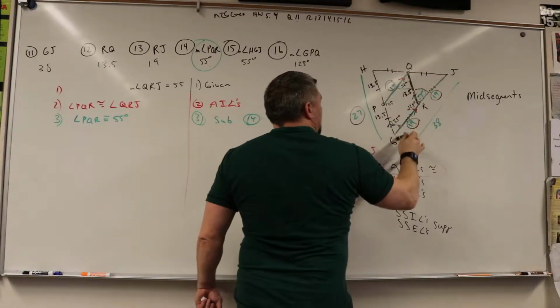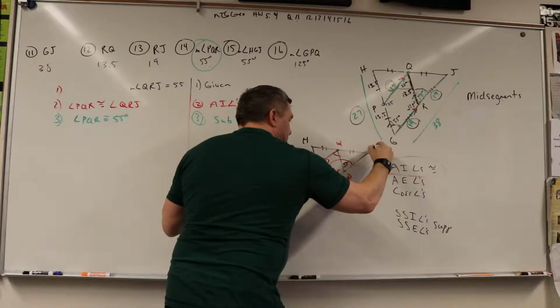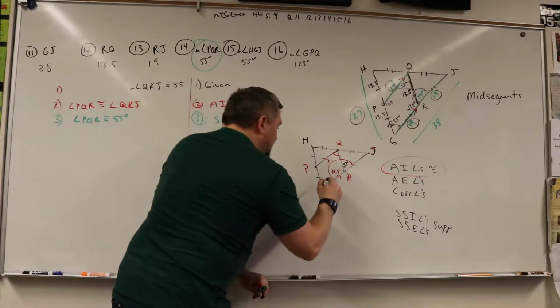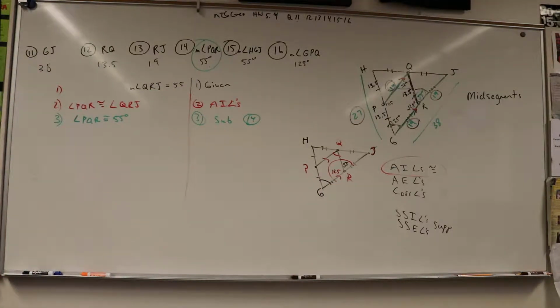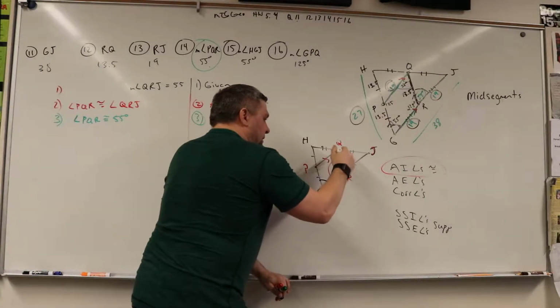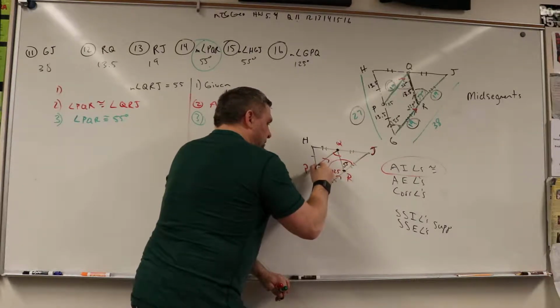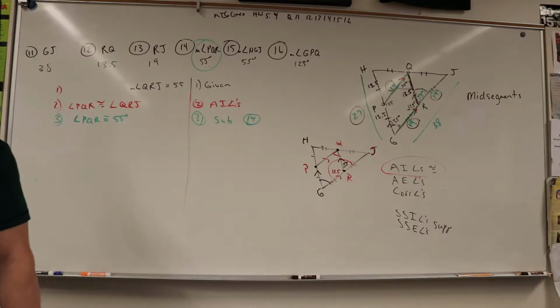HGJ. So we're talking about this one. From H, G to J. Okay? So now we're talking about this guy right here. So what do we notice about that guy? Okay? And we should notice that these are mid-segments, right? These are mid-segments. So therefore this is parallel to that one, right?